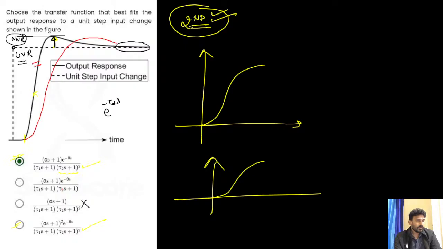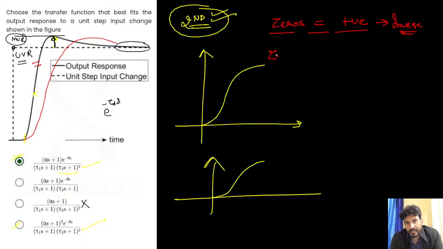Now, one important thing you should note here. Previously we discussed that we can see the inverse response if the zeros are positive. If zeros are positive, the system shows inverse response. What if zeros are negative?